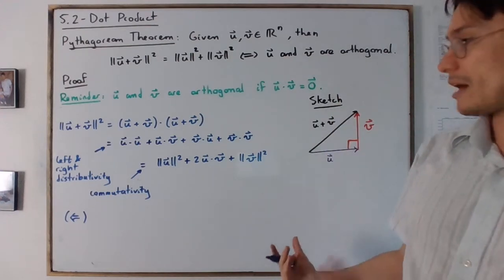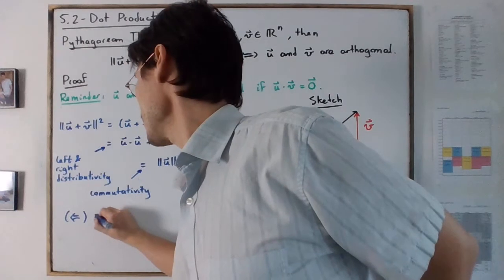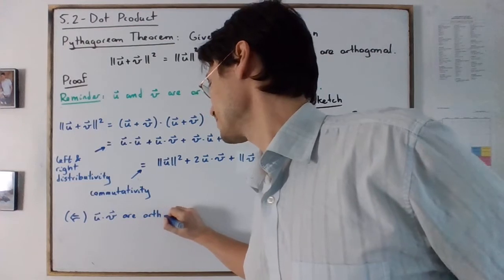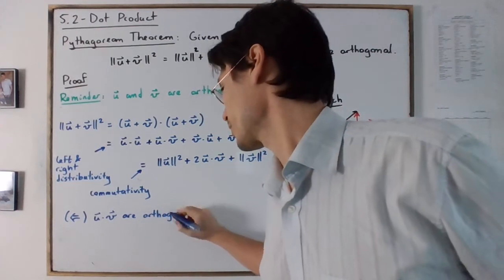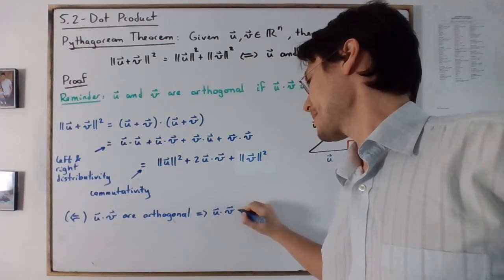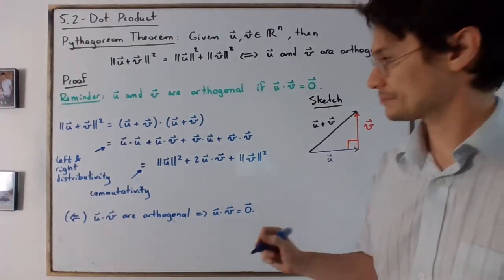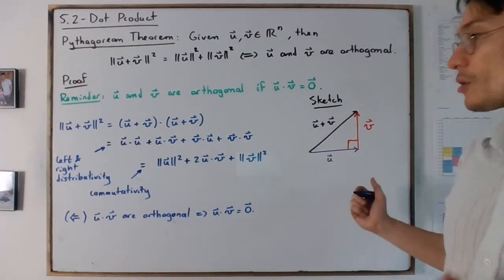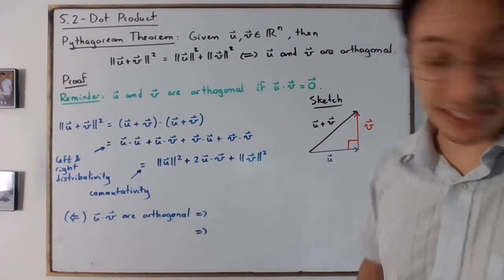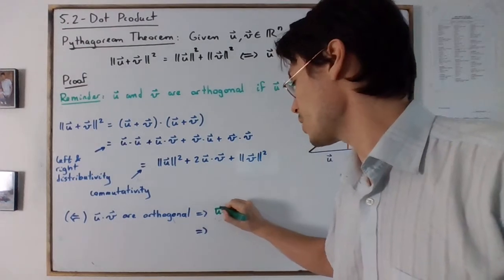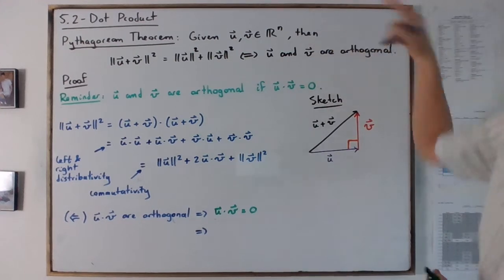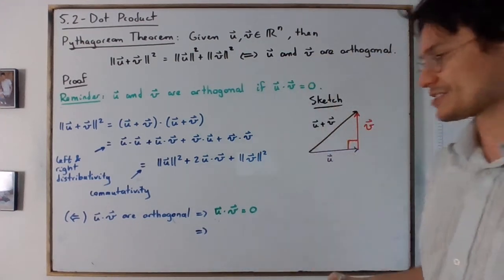So if u and v are orthogonal, that means that u dot v equals 0. I will color code this in green, just to show you what happens. Oh shoot, this is not a vector. I messed up over here. This is just a number, all right?